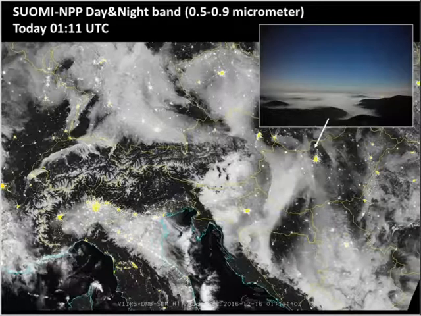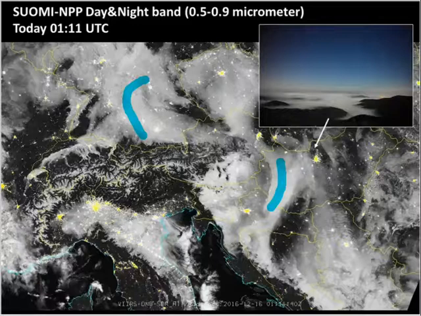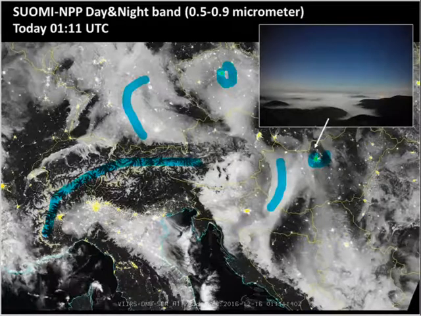So we can see the reflected moonlight from the clouds and, of course, from the snow surface. And next to it, you can see the light pollution shining through the clouds, like in Prague or Budapest or in the Po Valley. I think it's Milan.